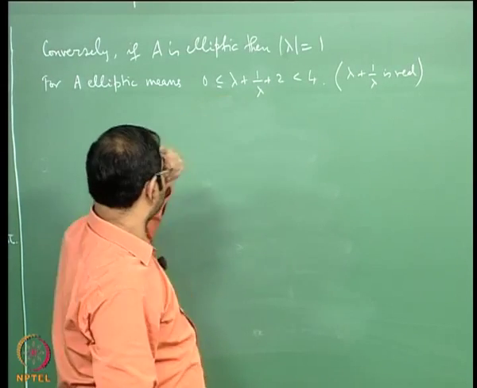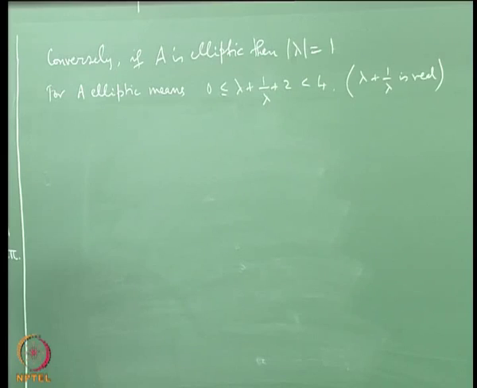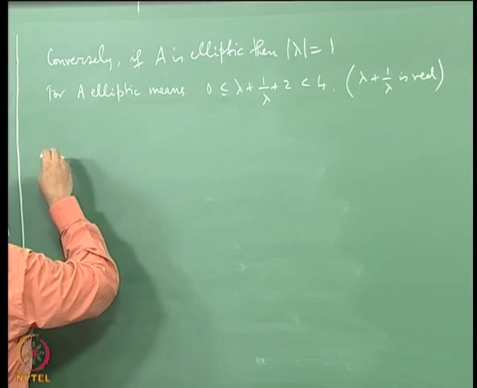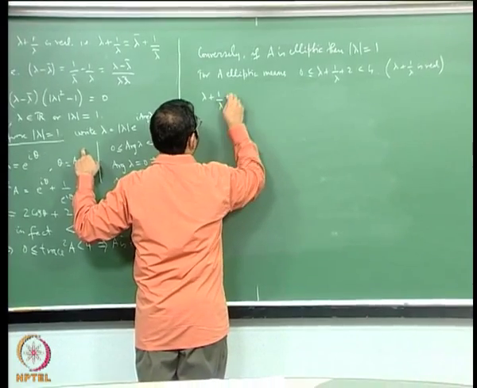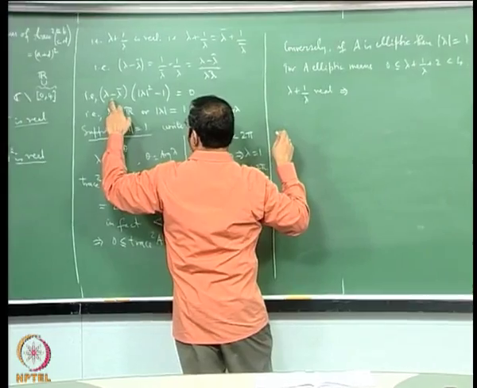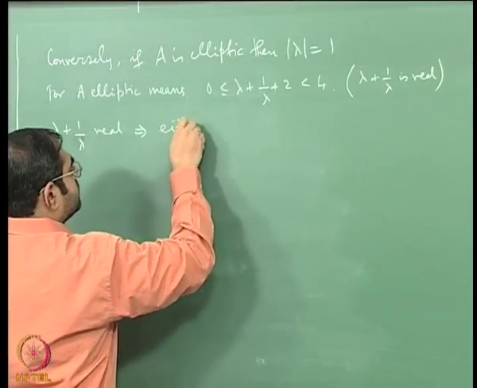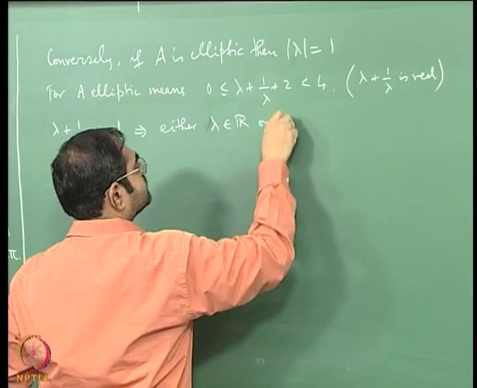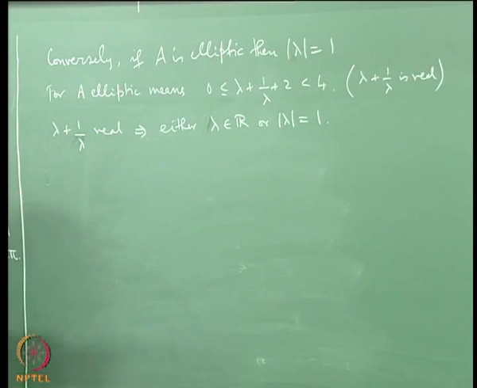How does one show that? I think it is quite obvious. So you know what will happen, lambda plus 1 by lambda real would mean that either lambda is equal to lambda bar or mod lambda is 1. Okay, of course we are trying to prove mod lambda is 1.